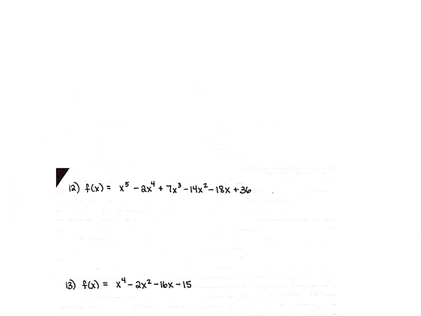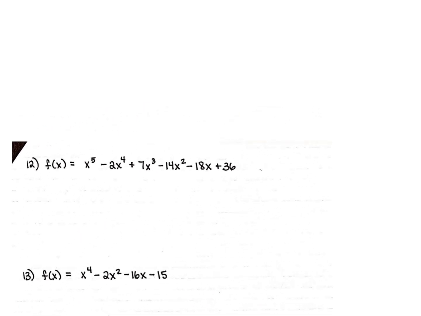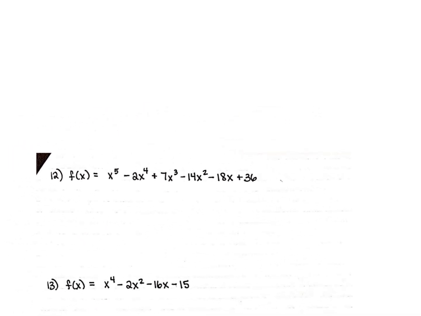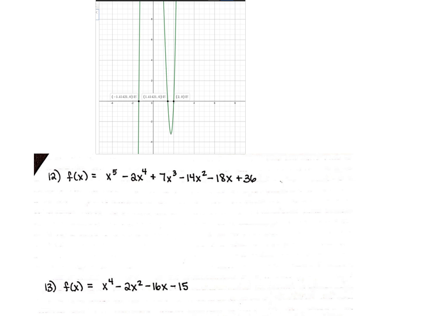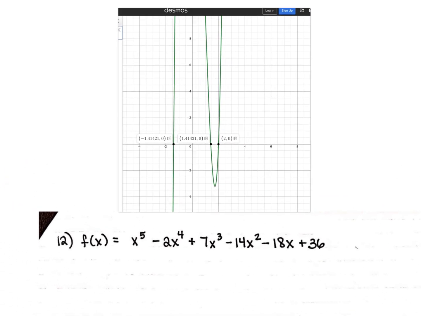More of the same, I guess. Hmm. Okay, so they probably want us to use a graphing calculator for that. And if we did that, we would see this graph right here where we have some real weird zero here, negative whatever.